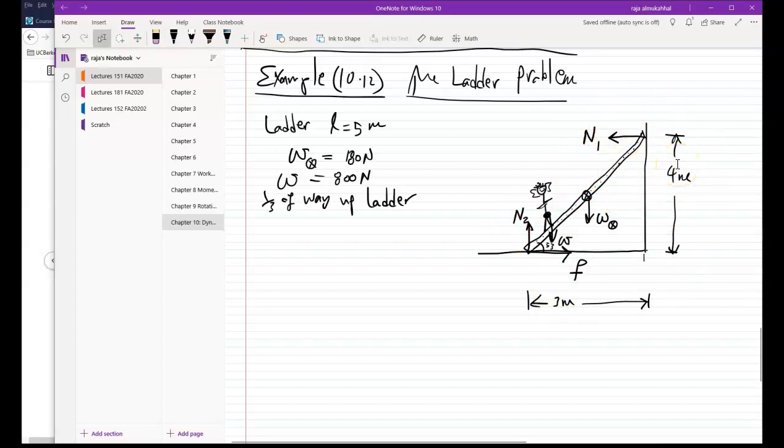All right. He wants to know A and B and C. A, he wants what is N sub 2, the normal, and what is the friction force. Okay? B, what is the coefficient of static friction needed to prevent it from slipping?